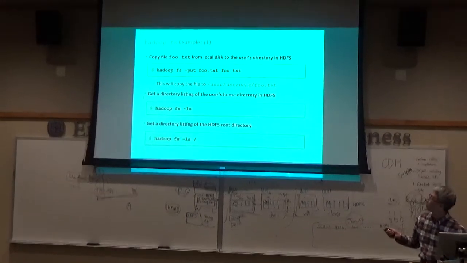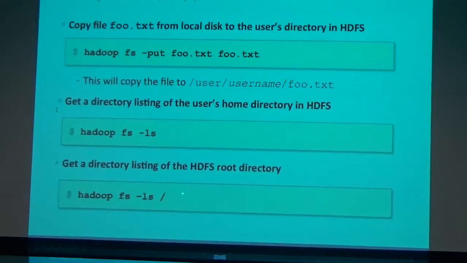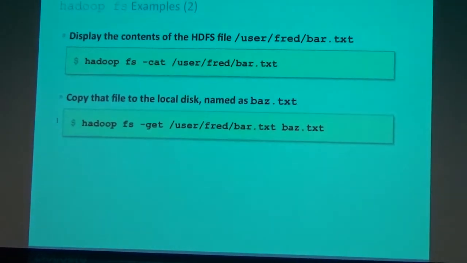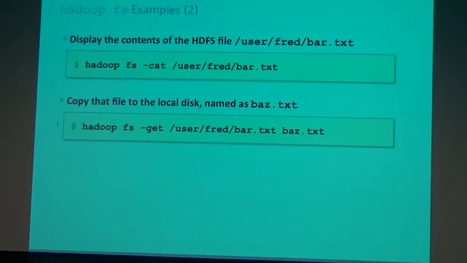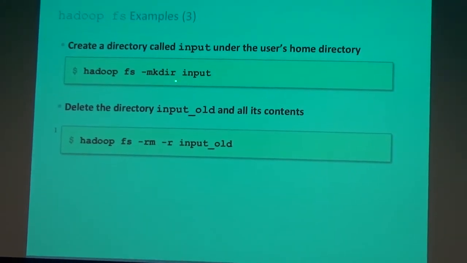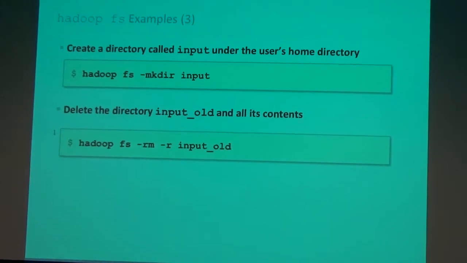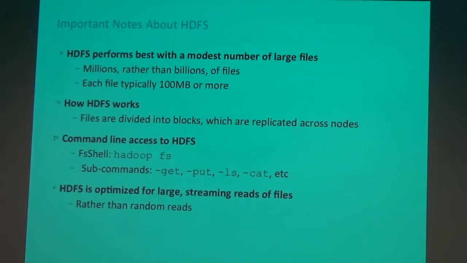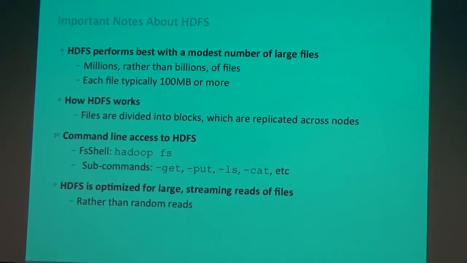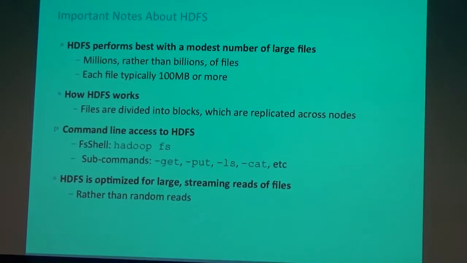You can see some popular commands like put, ls, and move, and so on. You will practice this next week during the exercise. You can create a new directory on the HDFS and also remove files recursively. If you are familiar with the command line interface, the interface and names are very similar.